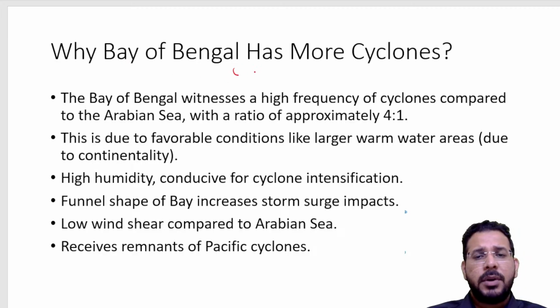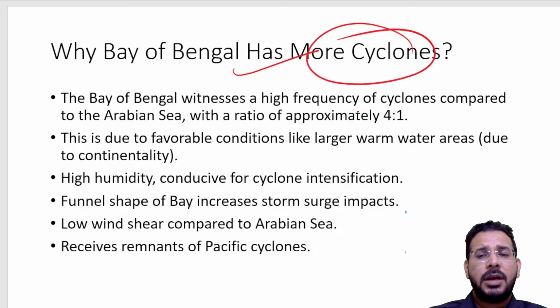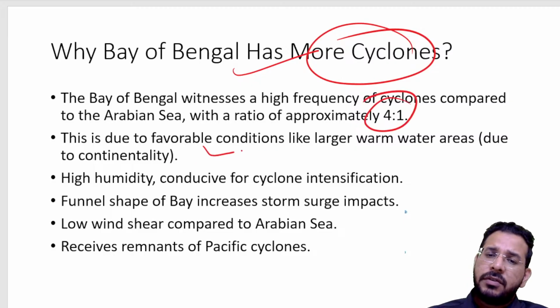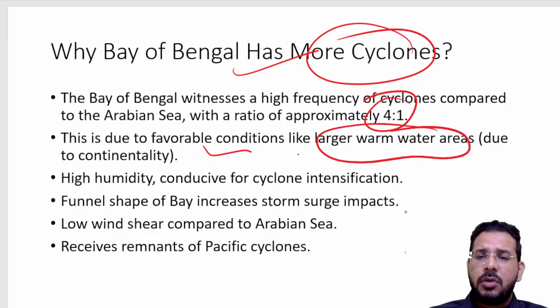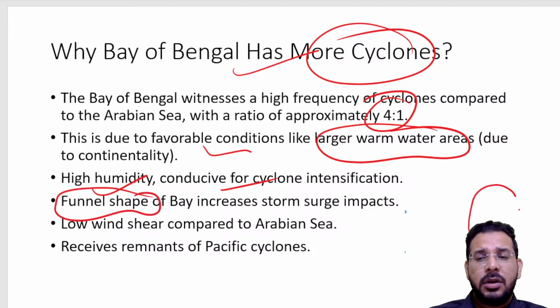Now, why does the Bay of Bengal have more cyclones? The Bay of Bengal has 4 times more cyclones than the Arabian Sea, because of favorable conditions like large warm waters and high humidity in that region, which is conducive for cyclone intensification, and the funnel shape of the Bay of Bengal region.